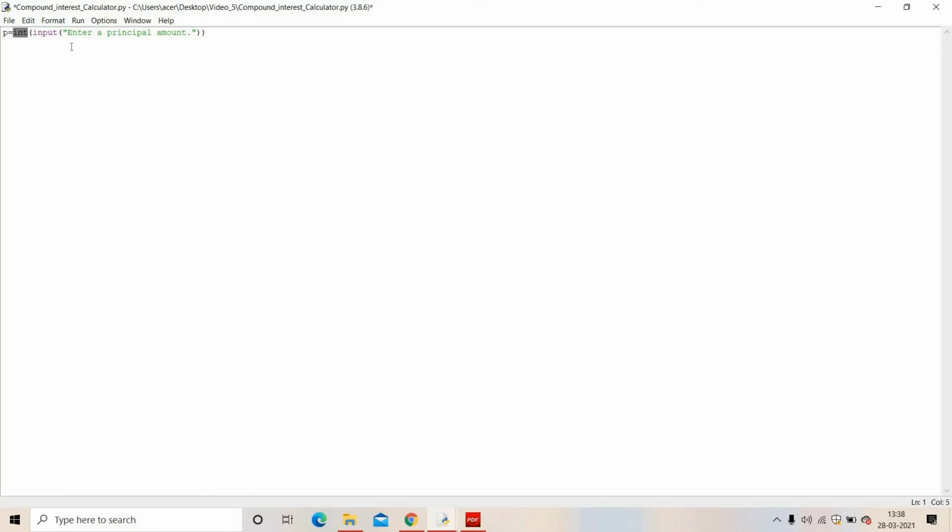So this command int will convert character into integer. Using this same statement, we will take rate of interest and number of years from the user as follows.